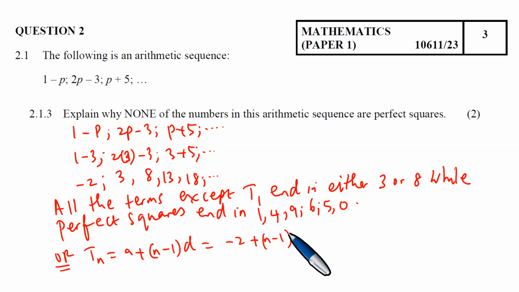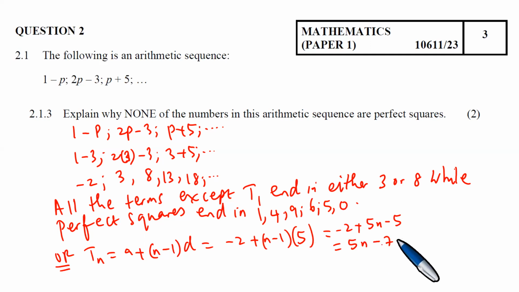We have seen that the common difference of this sequence is 5. So this is minus 2 plus 5n minus 5, and this is 5n minus 7. And this is not a perfect square.